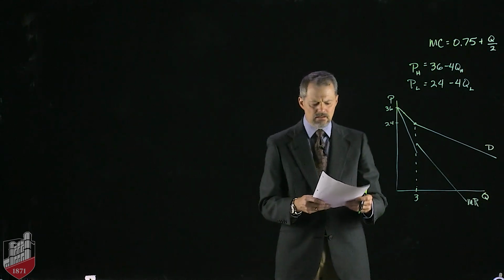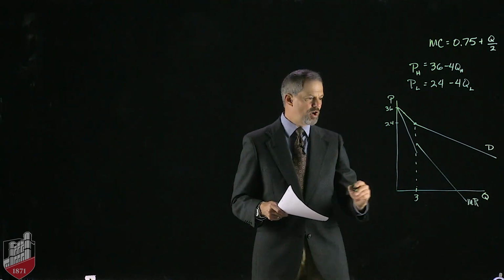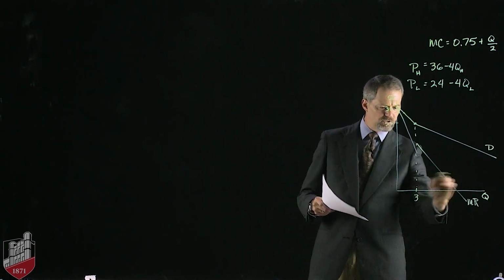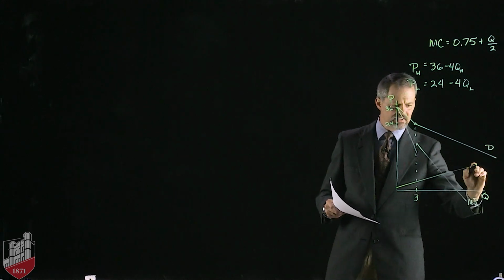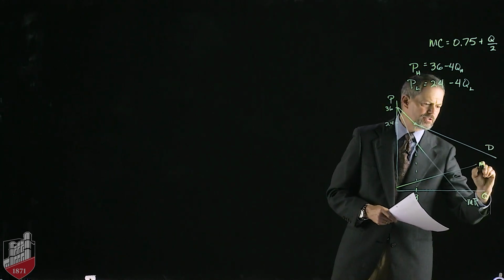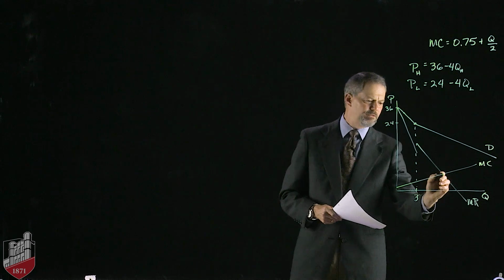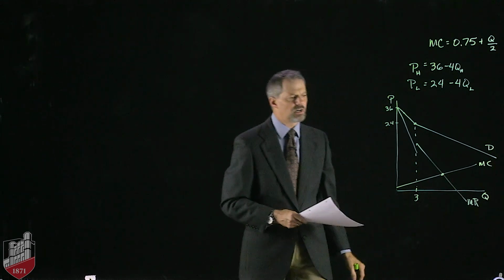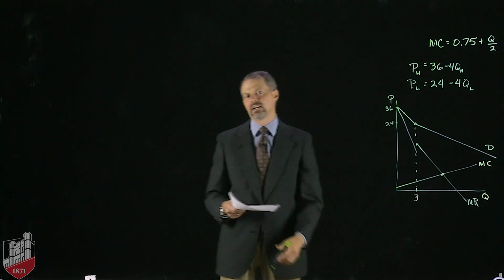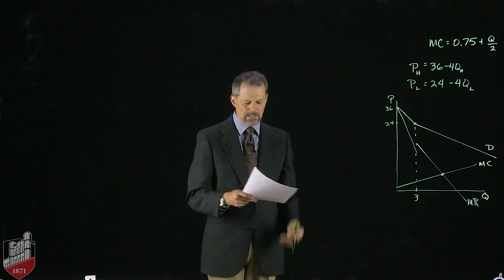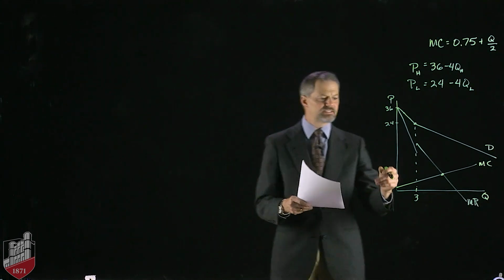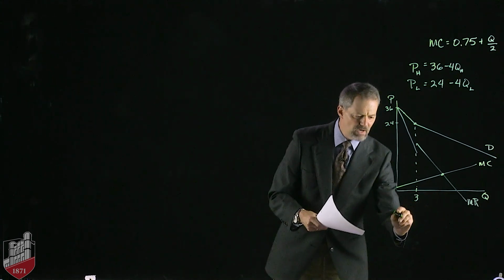Now we've got a marginal cost curve that instead of being horizontal simply looks something like this. So there's our marginal cost. And what we're looking for is where do marginal cost and marginal revenue intersect? Where are they equal? And so what we're going to do is set, remember, our marginal revenue curve.